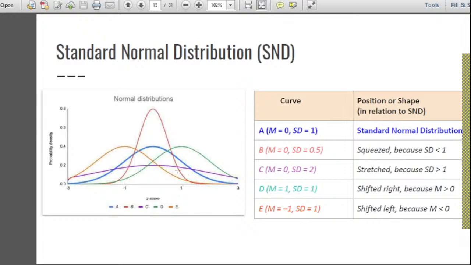And blue is a standard normal distribution which has a standard deviation of 1, right? So, of course, any distribution which has a width less than blue will have a standard deviation less than 1. Are you getting this point?